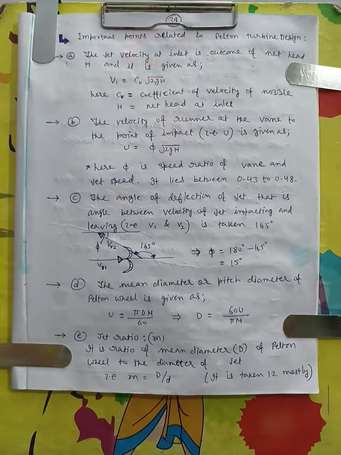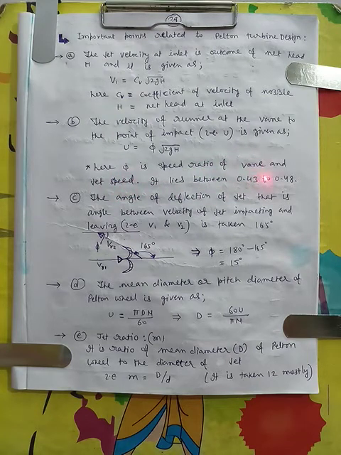acceleration due to gravity. Point number 2 is the velocity of runner at the vane, at the point of impact, that is U, given by U is equal to phi into under root 2gH, where phi is the speed ratio of vane and jet speed.